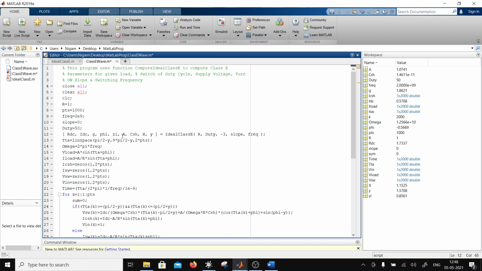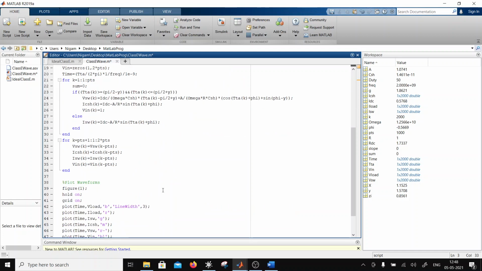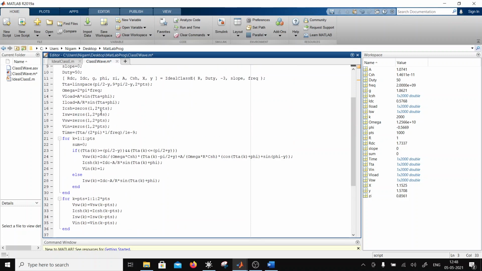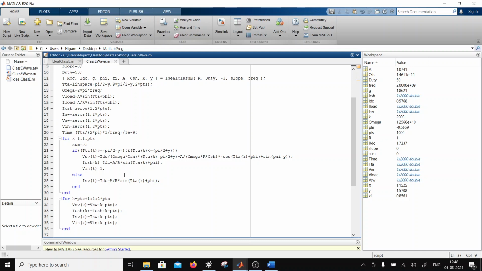I want to plot it over the figure itself. So close all is not there, and figure 1 is there. Yes, figure 1 hold on, and grid on and hold off. So right now I have a figure 1 with the slope of 1 here. Okay, let's run this again.